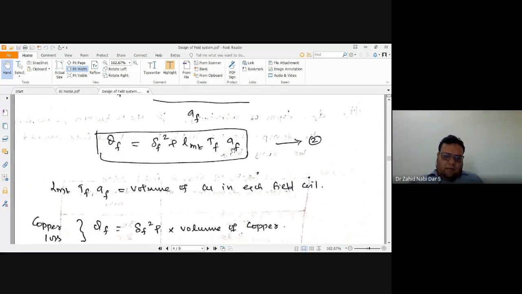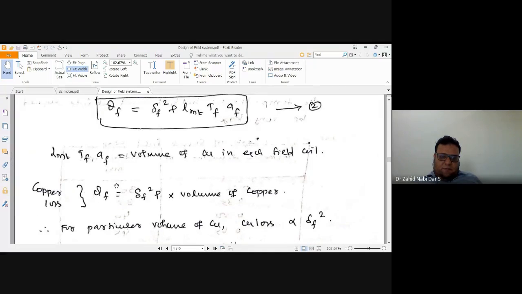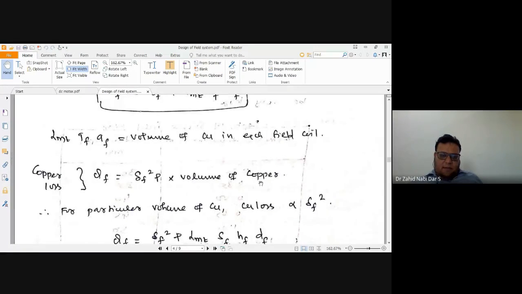So copper loss can be written as del F square into rho and into volume of copper, because this LMT TF AF is giving you the volume of copper.